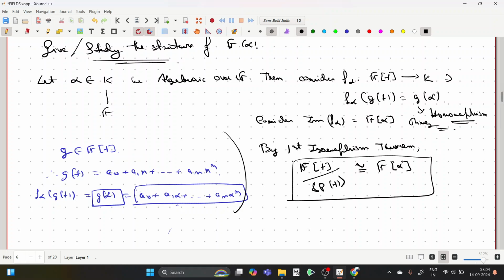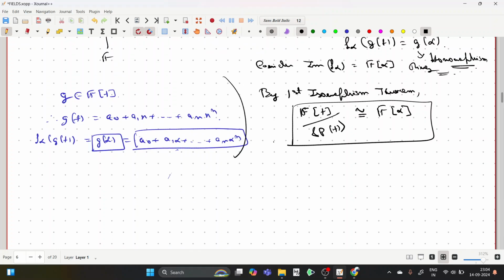And I already know the structure of F square bracket alpha, so let me just precisely write it down here once for clarity. So F square bracket alpha is basically the collection of elements of the form a0 plus a1 alpha and so on till an alpha to the power n, such that each ai comes from F. Clear? Okay.